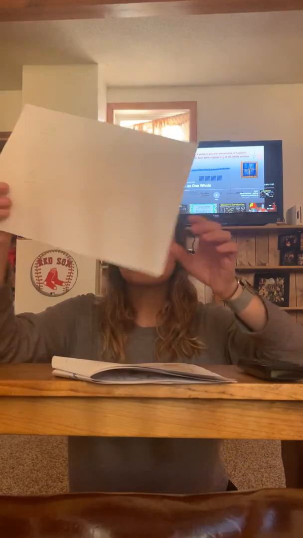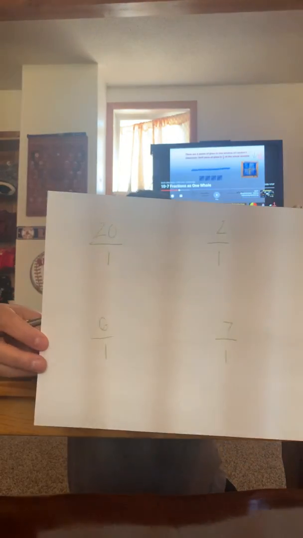Okay? And then, if a number is over 1, so like 20 over 1, or 2 over 1, or 6 over 1, or 7 over 1, that is going to equal, so this is what I'm showing you right now, that is going to equal the numerator.